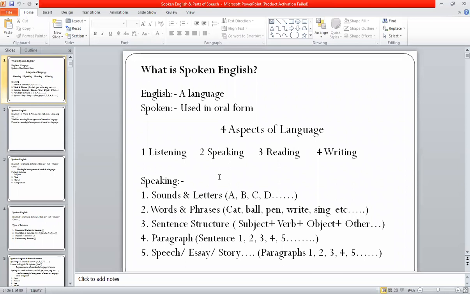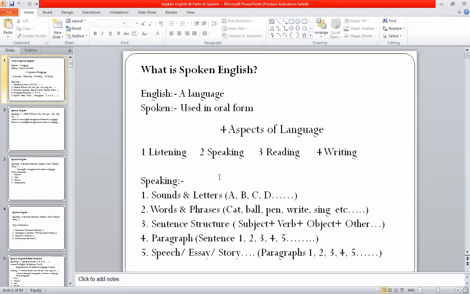So English is a language. It is made up of different alphabets, words, letters, phrases, clauses, and sentences. English is a language, and when we use it in oral or spoken form, it is called spoken.